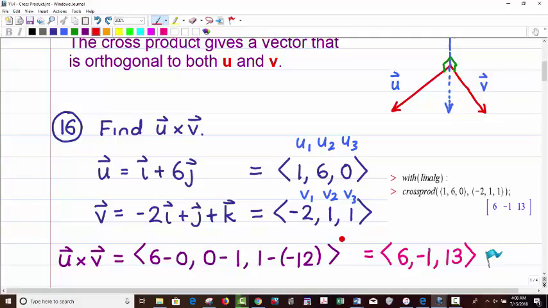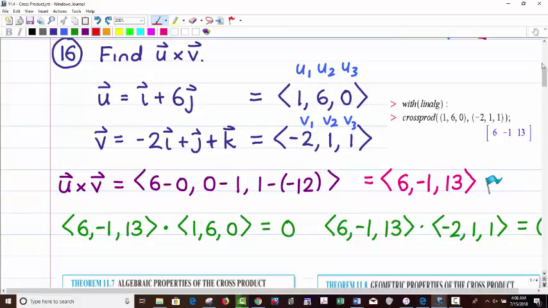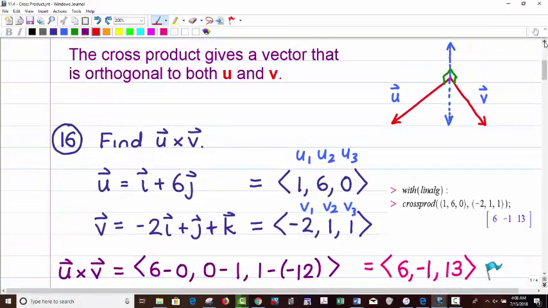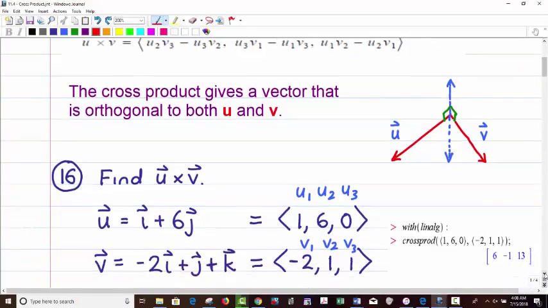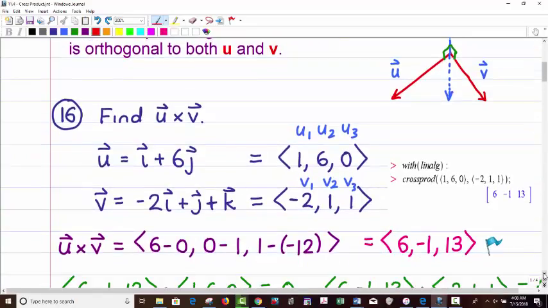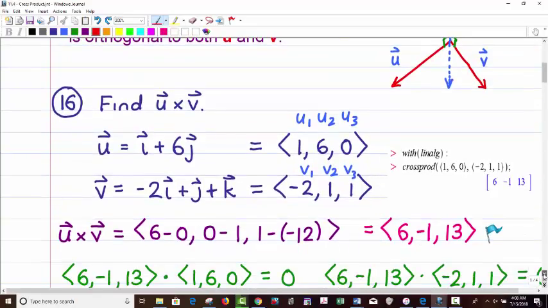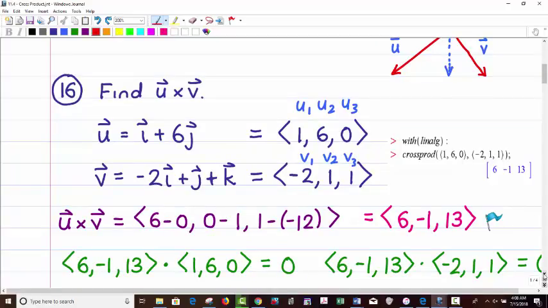So to follow the cross product formula from above, I'm using that formula up there even though it's not visible right here, so I'll walk you through it. The first one is u2 times v3. So 6 times 1 makes 6, minus u3 v2. 0 times 1 is 0, so you have 6 minus 0.